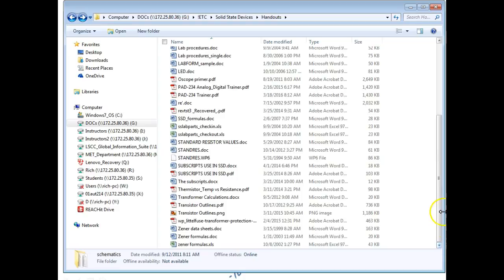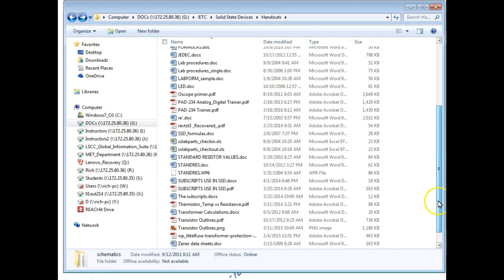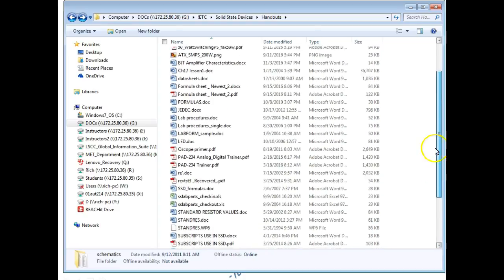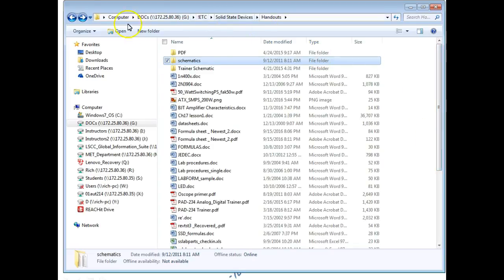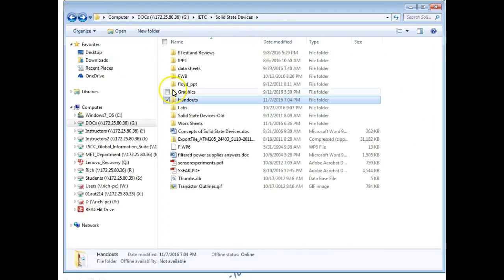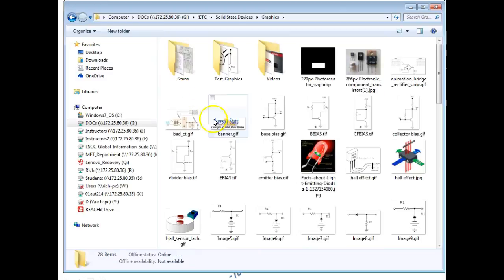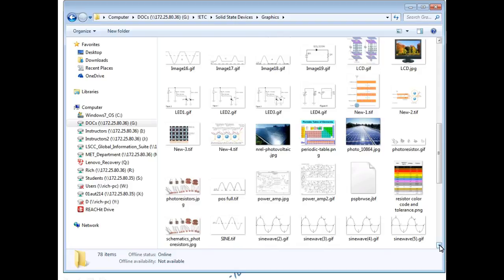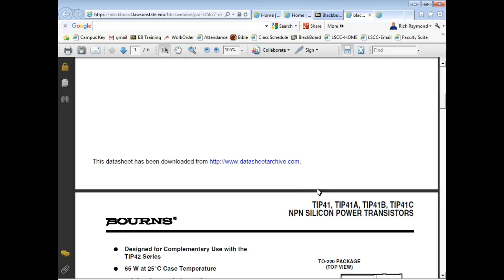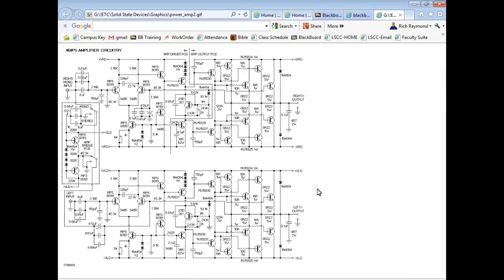Harman Kardon is a big name in power amps and amplifiers. If you're into stereo, they're one of the top makers of amplifiers. So here we go. So this is a pretty standard power amp.